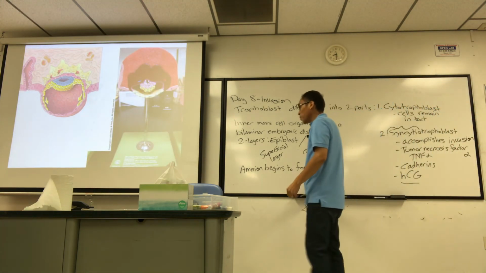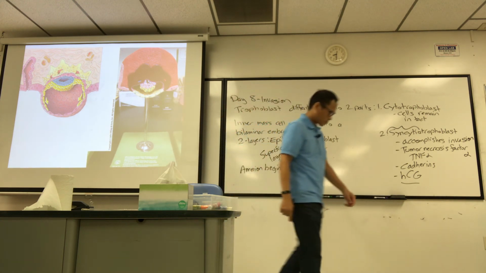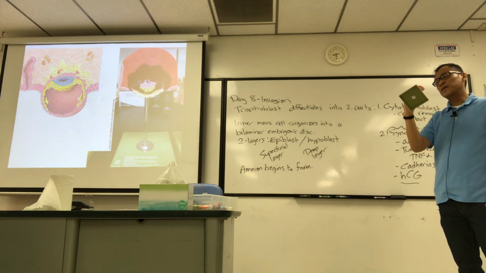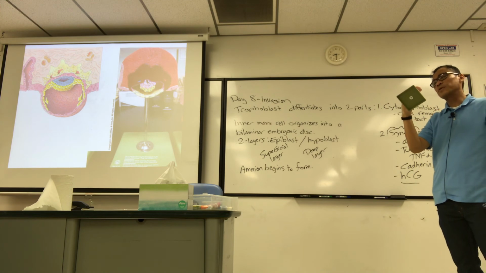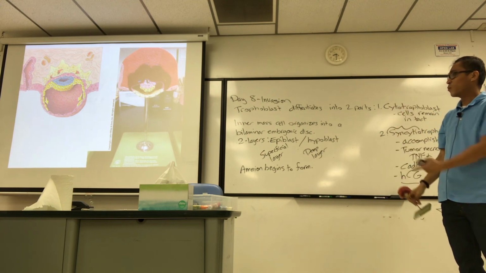But I wanted to show you that this is comparable to the model we have in the classroom right here. See, this says, human germ when entering the mucus coat of uterus, 7 days in the beginning of implantation. So 7 days post-fertilization, we call it 8.